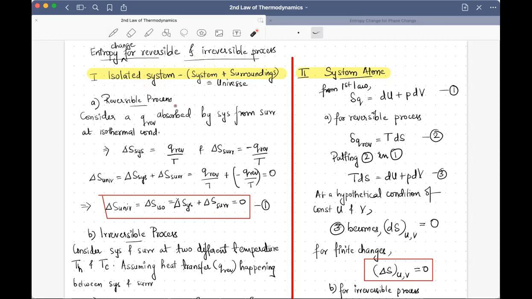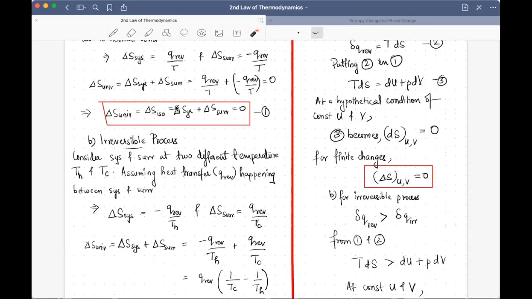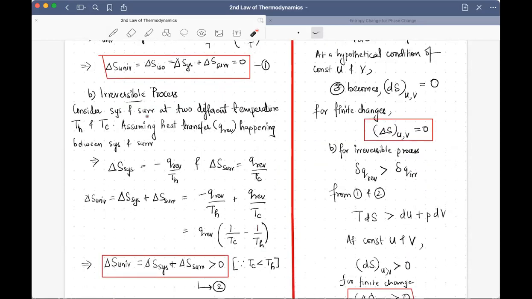Now let us calculate the same for the irreversible process. Here we are talking about an isolated system, so we have to consider system and surrounding together. Because we are trying to consider heat transfer between the two, the system and the surrounding are at two different temperatures.